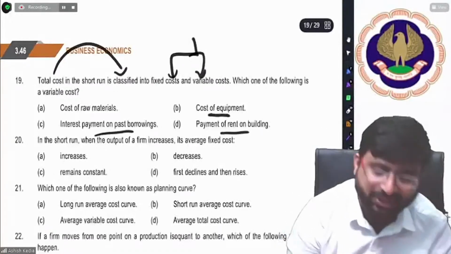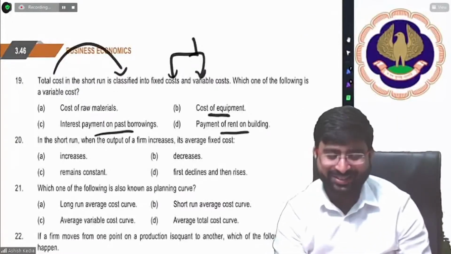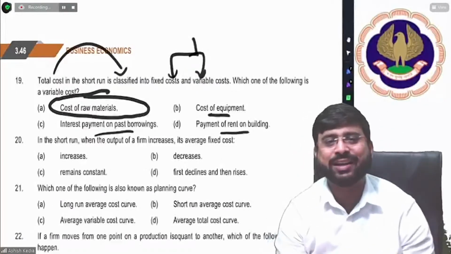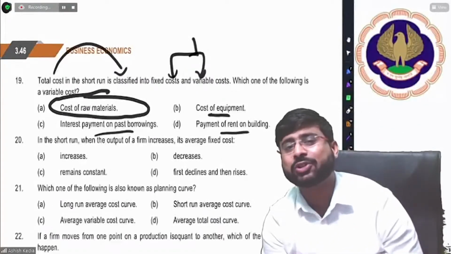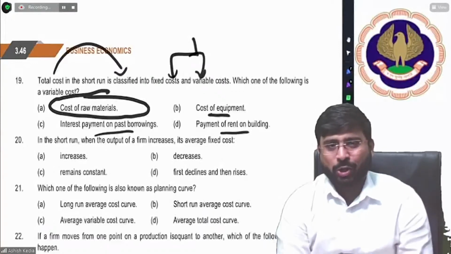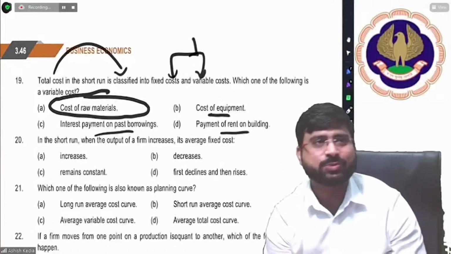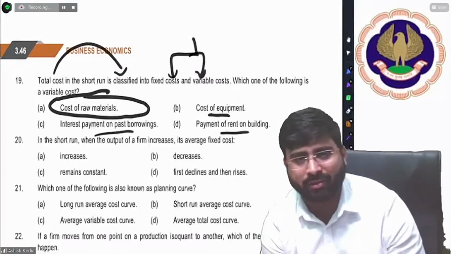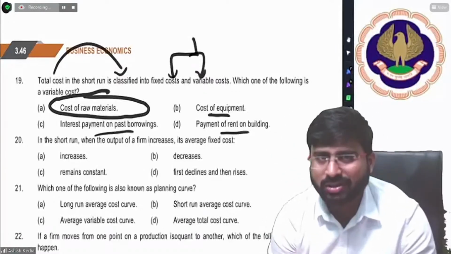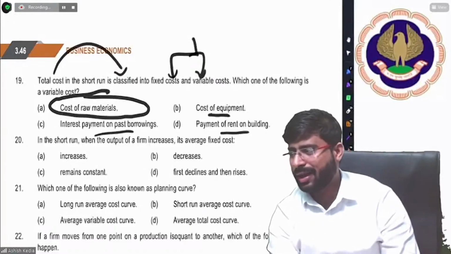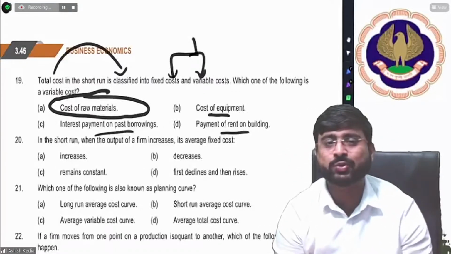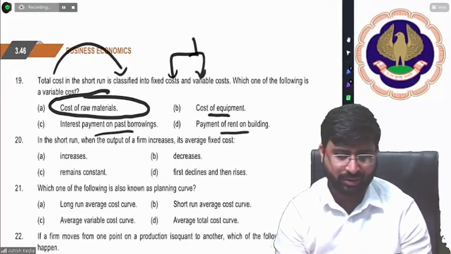Is it interest or is it raw material cost? Obviously it's the cost of raw materials that is variable in nature, because the more chips, the more potatoes you need. Equipment you will not buy another. Just because you have produced 100 chips doesn't mean you will buy 100 machines. It won't change up to a certain level. And therefore, the cost of raw materials is going to be our variable cost.